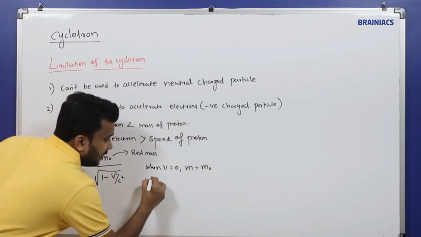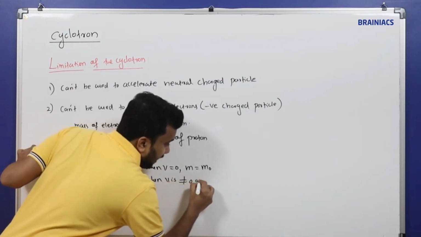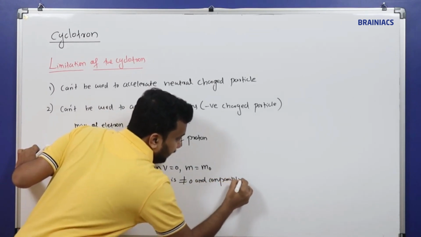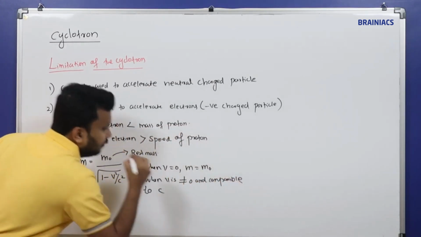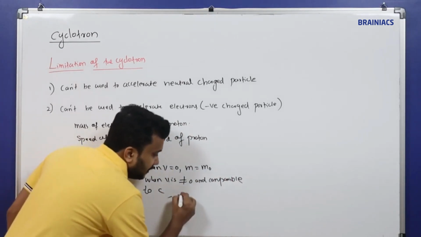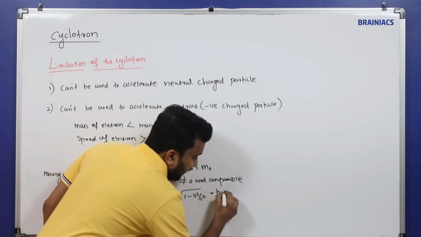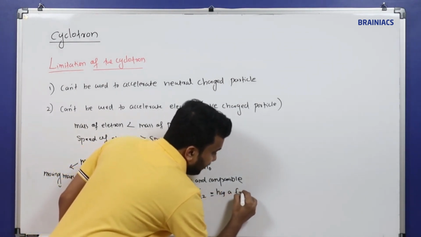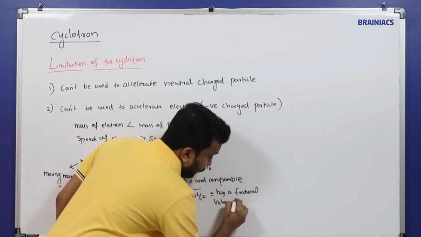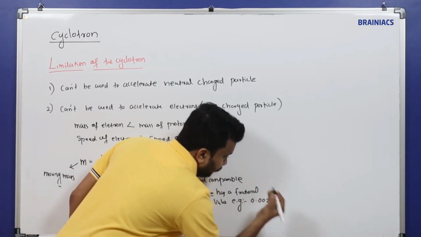Okay, so the next case, when v is not equal to 0 and comparable to c, then what will you get? For example, root of 1 minus v square by c square has a fractional value, for example 0.002, I keep it like this.